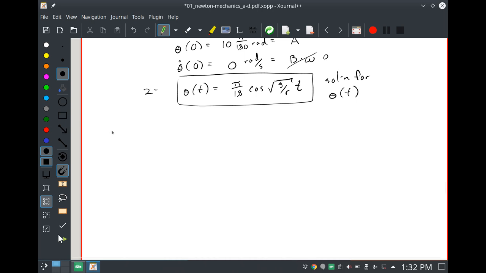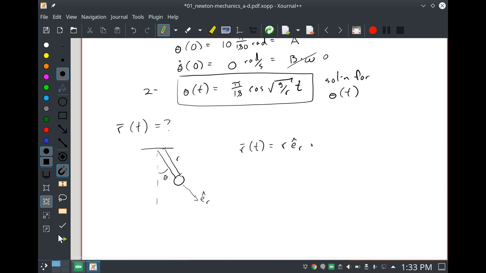Now the last step is figuring out what r of t is. So I know what theta of t is. If I have this pendulum and I say theta is like this, and this is my e r, my position at any point in time is equal to that distance r, that r, times e r.